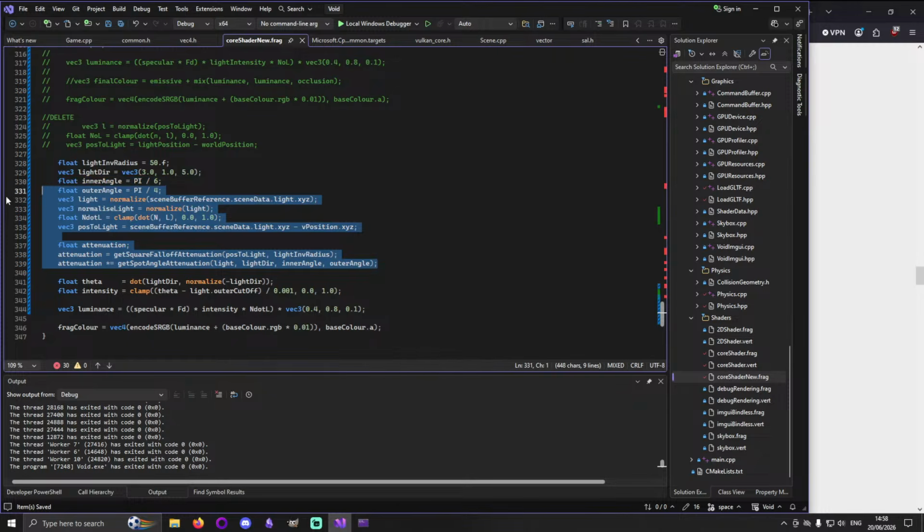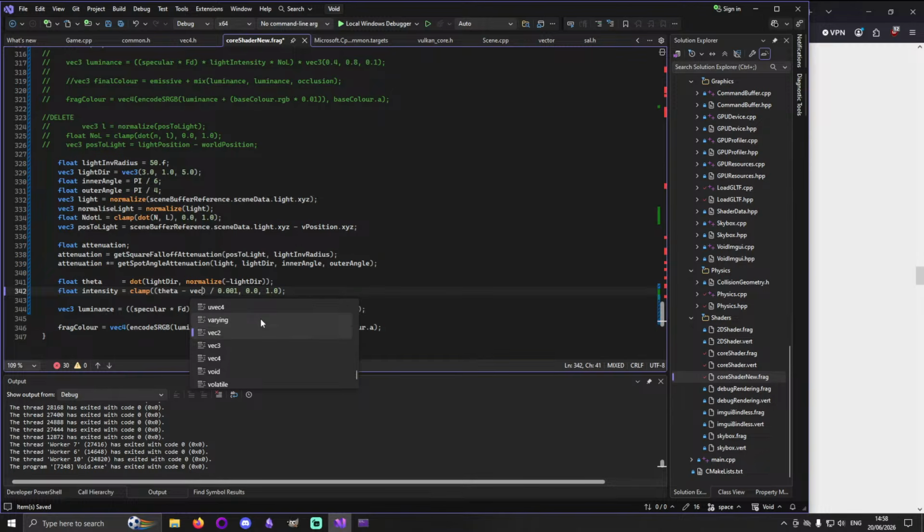So what would this be? This is just a vector of, I don't know. Let's make it a wide cone. So 10F, 10F, 10F.